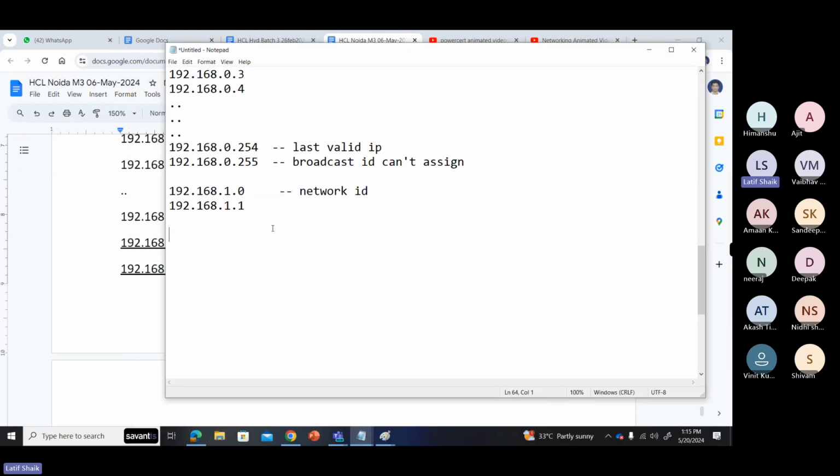You want to see it like this. If you take a class B example, 172.16.0.0, this is a network ID. The very first IP address is 172.16.0.1, then 172.16.0.2, and it keeps going to 172.16.0.254, 172.16.0.255, then 172.16.1.0.